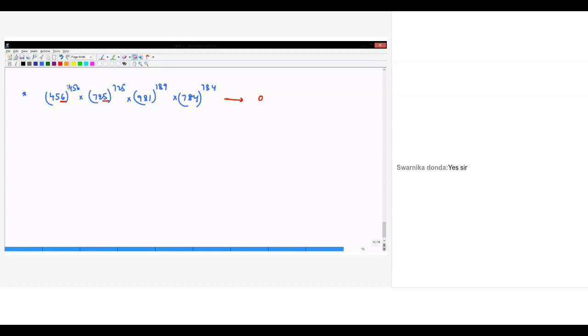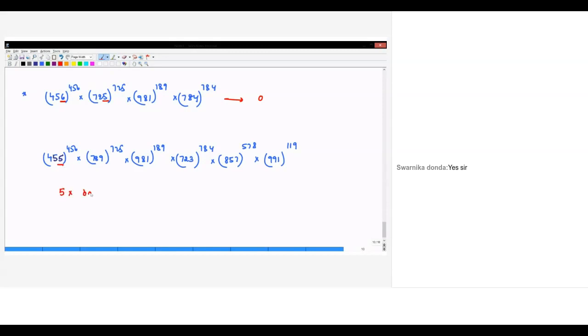Suppose, what is the unit digit? 5 is included in the product.